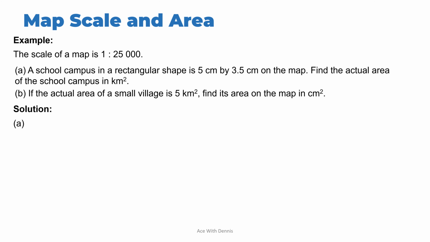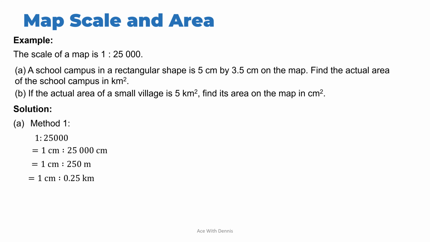Here's a solution. For A, there are two methods to get the answer. Method 1: given the ratio is 1 to 25,000, which means that 1 centimeter is to 25,000 centimeters. 25,000 centimeters is 250 meters, and 250 meters is 0.25 kilometers.